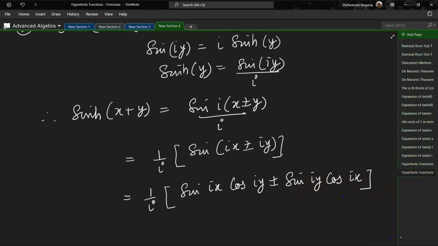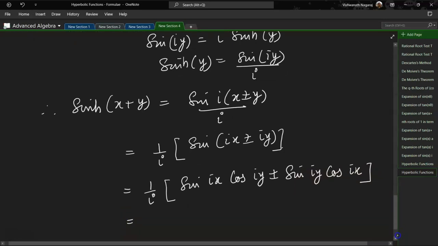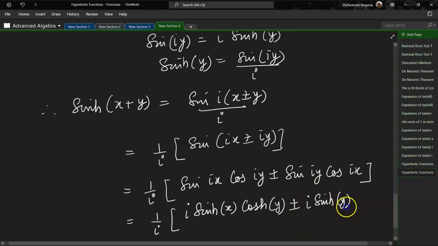Now let's convert it back to hyperbolic sine and cos. So sine ix is equal to i hyperbolic sine of x. This will become cos y, i will disappear, plus or minus this will become i hyperbolic sine of y, and this will become cos x.